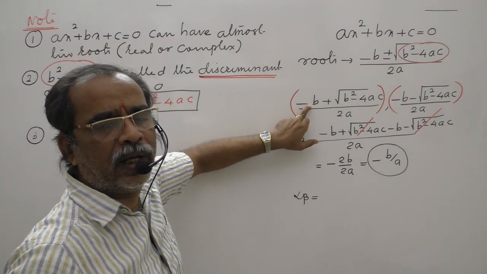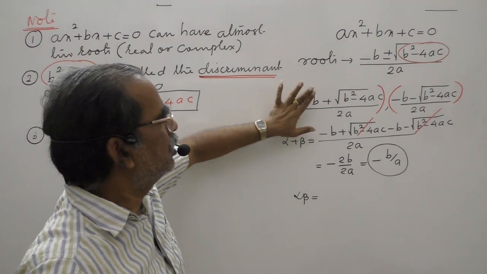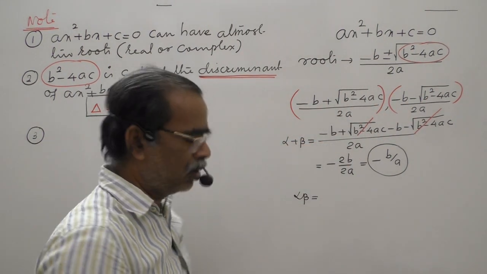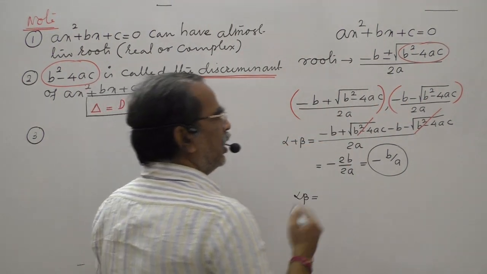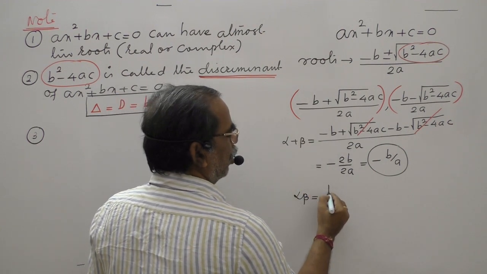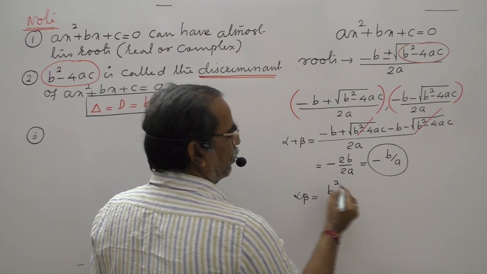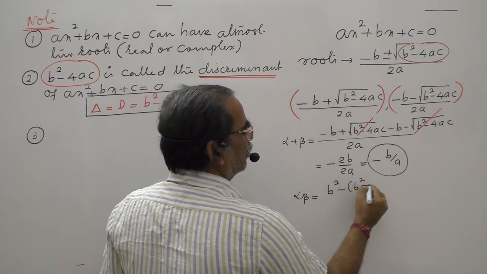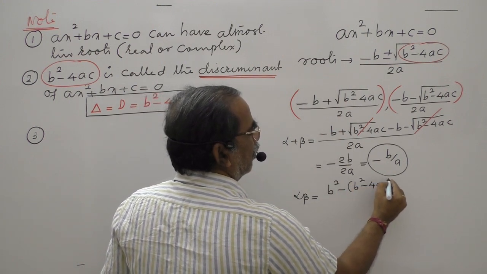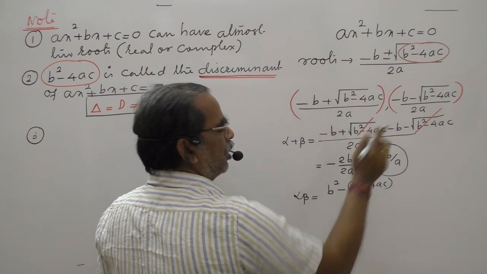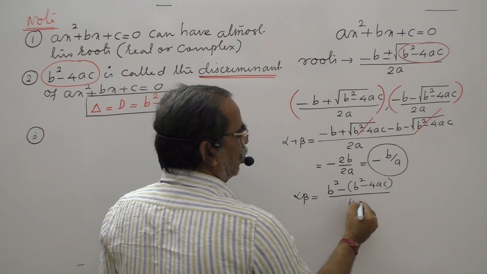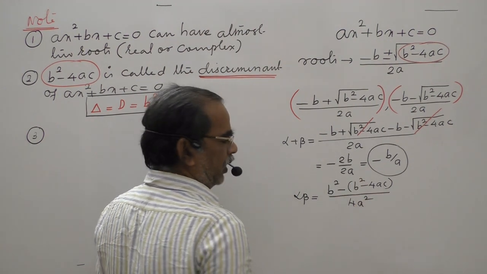In the numerator, suppose minus b is a. This is a plus b and a minus b. A plus b into a minus b is a square minus b square. Minus b whole square means b square, minus b square means the root will be cancelled. I have applied a plus b into a minus b. In the denominator, 2a into 2a is 4a square.